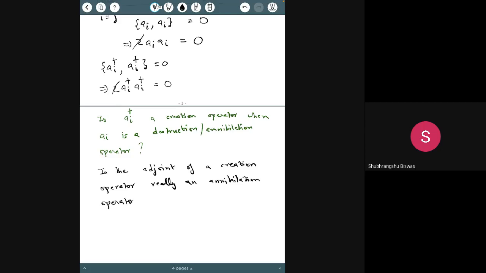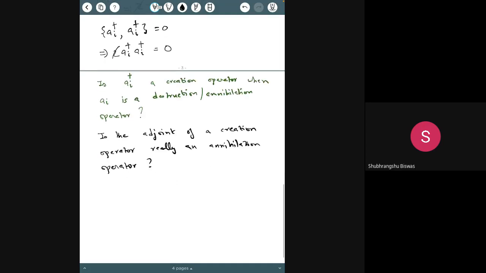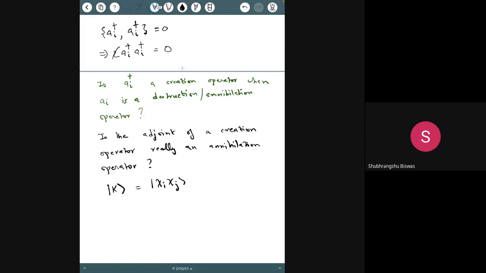So when I started off today, I just defined a_i dagger as a creation and a_i as a destruction or annihilation operator. But I did not justify why I can do that. So let's see if defining the adjoint as a creation operator is justified. I have a determinant K, let's say a 2-electron determinant, chi_i chi_j.